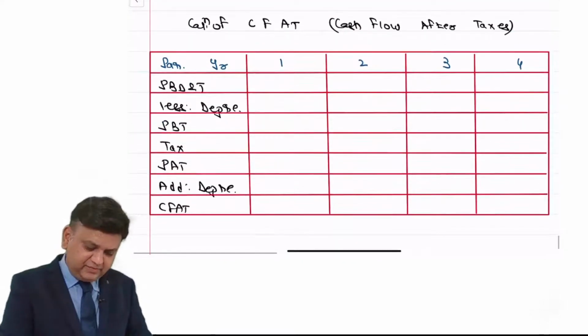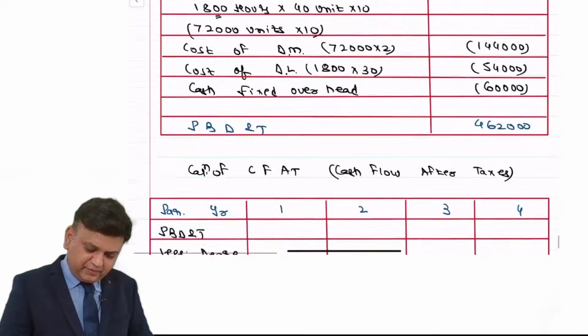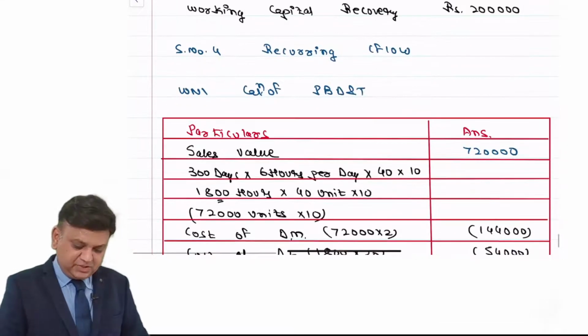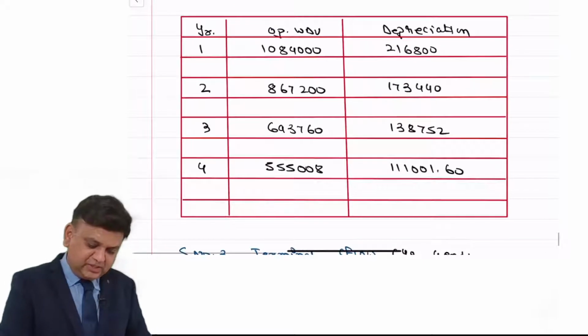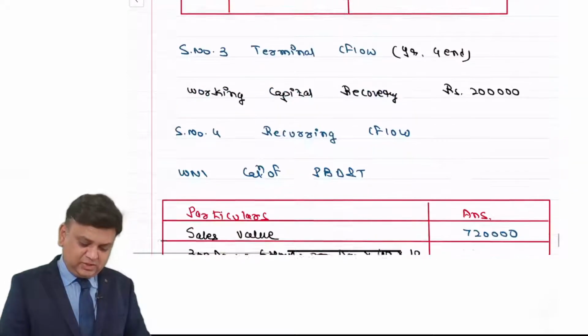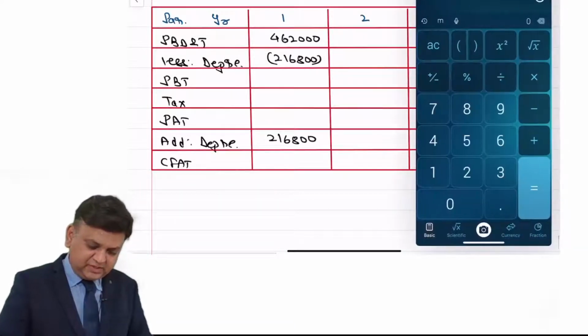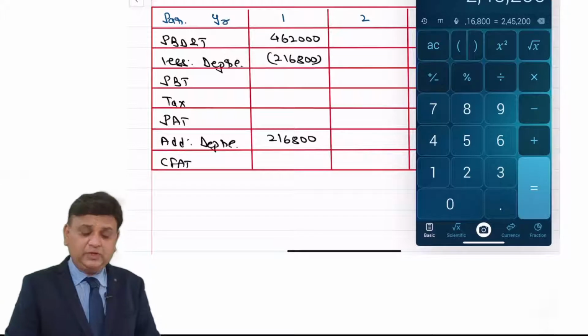So we have to start answer like this: profit before depreciation and taxation 4,62,000 less depreciation. As far as year 1 is concerned, it is 2,16,800. So 4,62,000 minus 2,16,800 comes to 245,200.